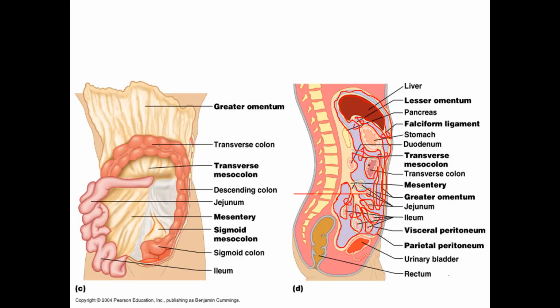Because of this peritoneal membrane structure, it can organize all the abdominal organs and hold them so they don't move freely inside the abdominal cavity. So I hope you got this part.